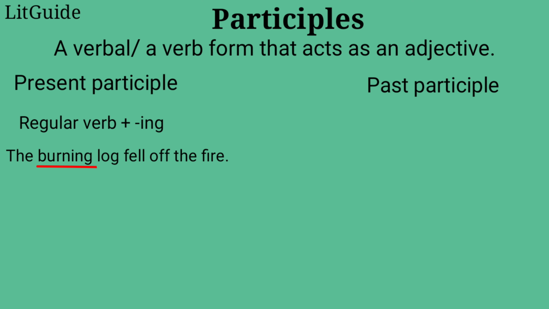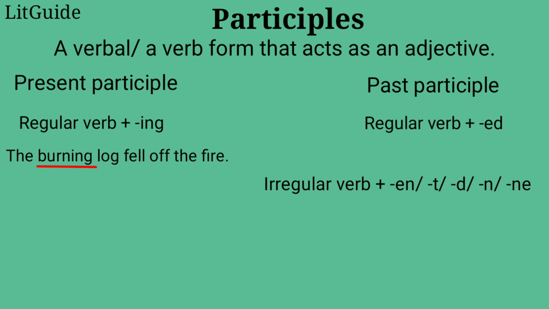Past participles are formed by adding ed to regular verbs and by adding en, t, d, n or ne in the case of irregular verbs. Let us demonstrate these with examples. The regular verb ask becomes its past participle form asked when ed is added to it.